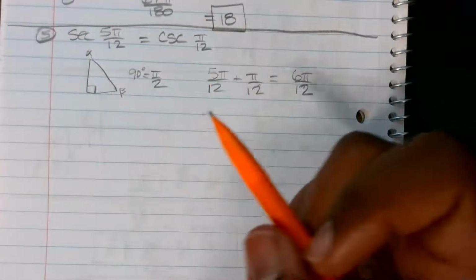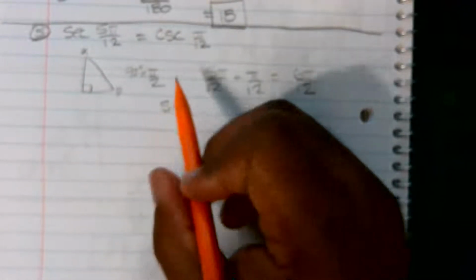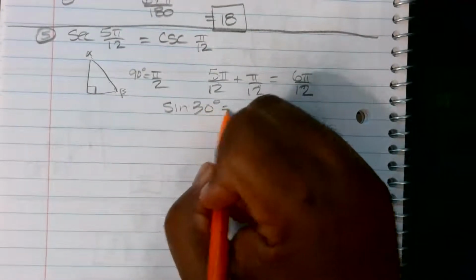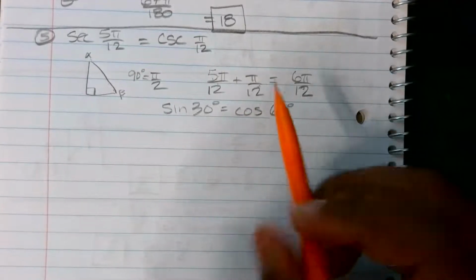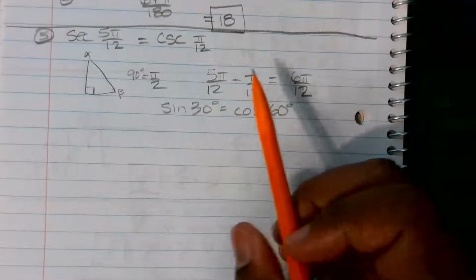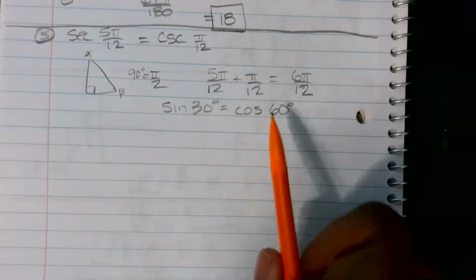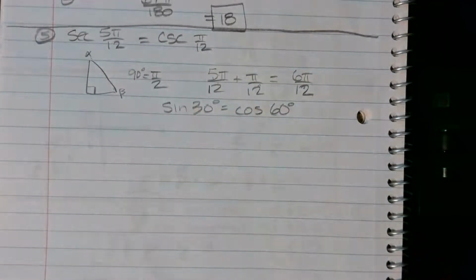In regular angles, it's like the sine of 30 degrees is equal to the cosine of 60 degrees. 30 plus 60 is equal to 90. The sine of one angle is equal to the cosine of the other angle. It is helpful to understand how the two things relate to each other.